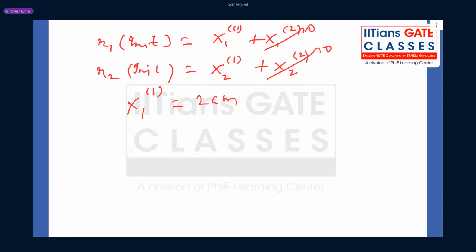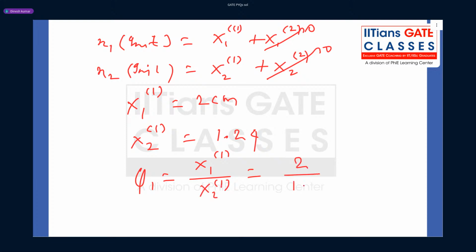And what is your x2 for first mode? It will be 1.24. And we know what the first mode is. The first mode phi 1 will be x1 for first mode upon x2 for first mode. So it will be 2 upon 1.24, which is 1 upon 0.62.